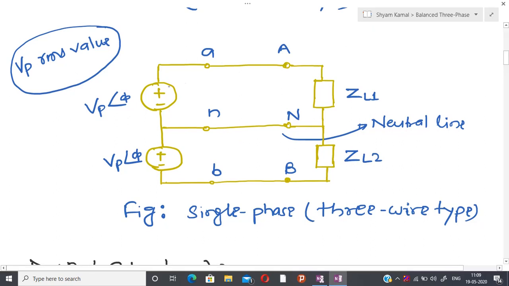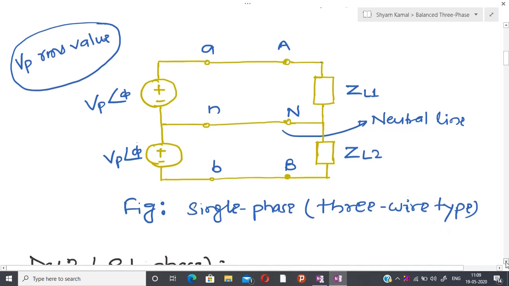From this connection it is possible to show that if I connect here and here, then I will get 240 volt. Due to that reason this connection has some benefit, and that is why we talk about the single phase 3-wire type connection.